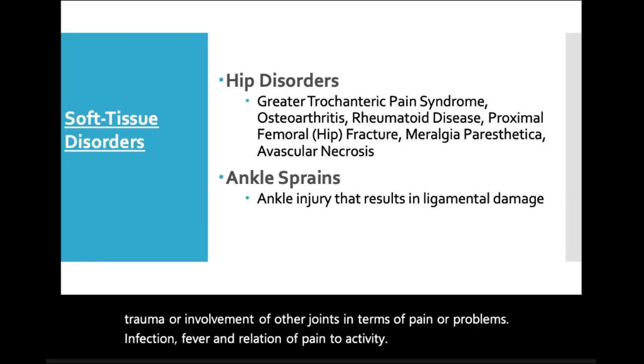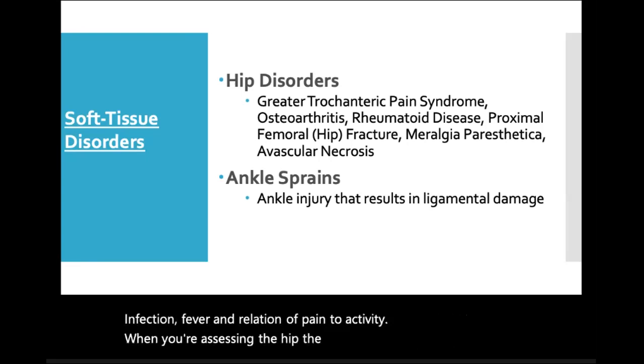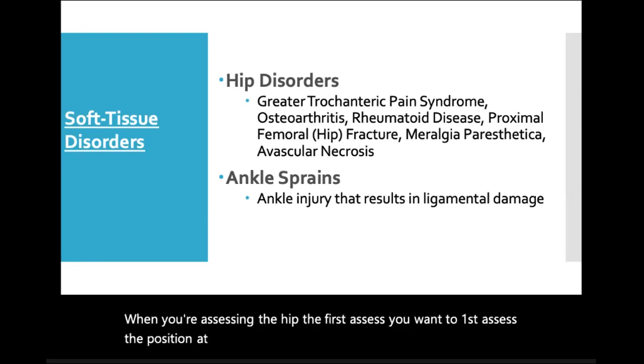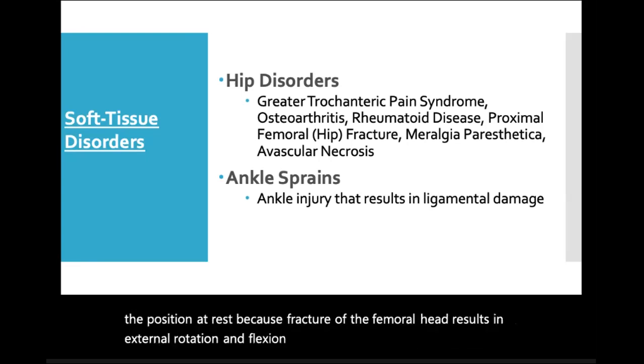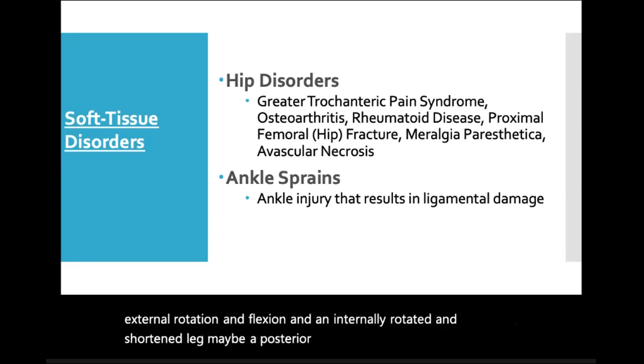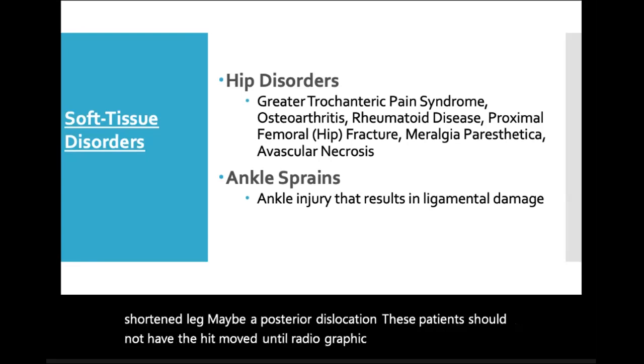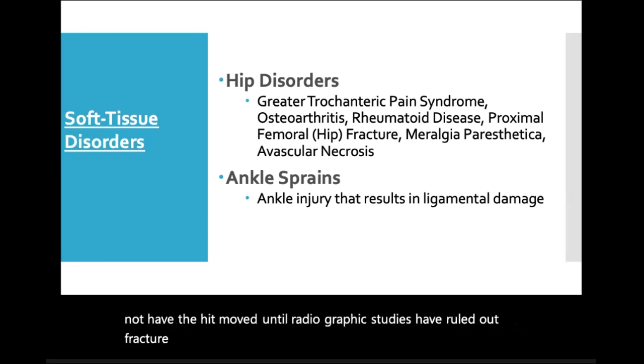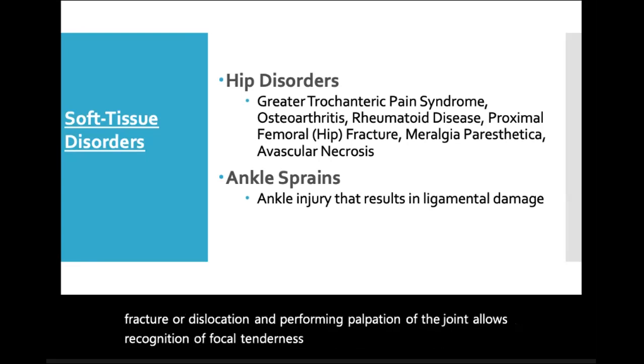When you're assessing the hip, you want to first assess the position at rest, because fracture of the femoral head results in external rotation and flexion, and an internally rotated and shortened leg may be a posterior dislocation. These patients should not have the hip moved until radiographic studies have ruled out fracture or dislocation, and performing palpation of the joint allows recognition of focal tenderness and swelling.